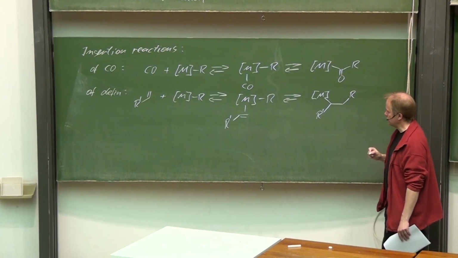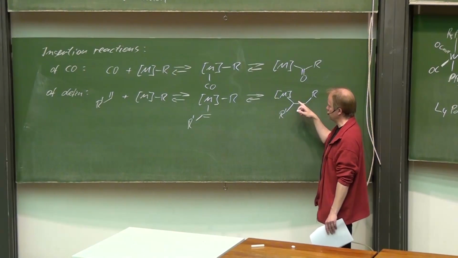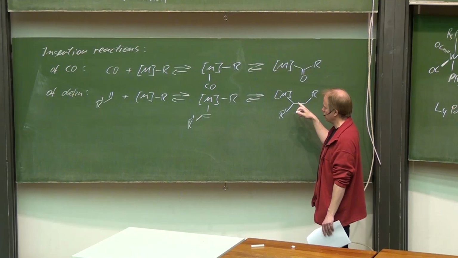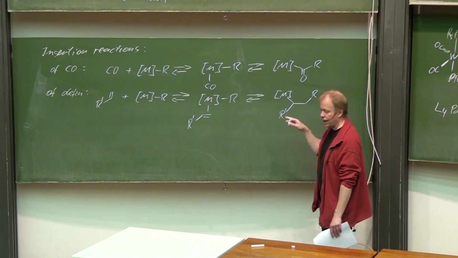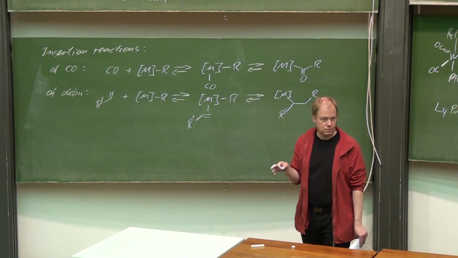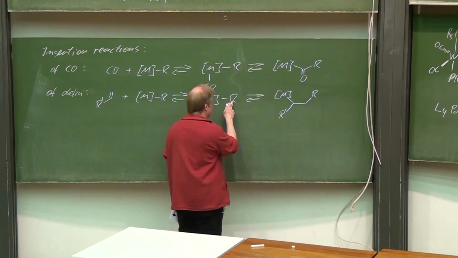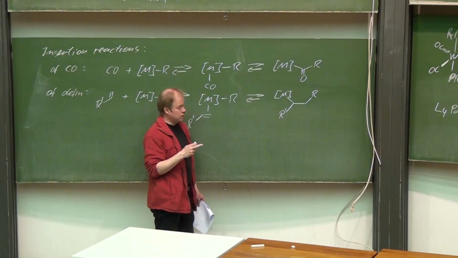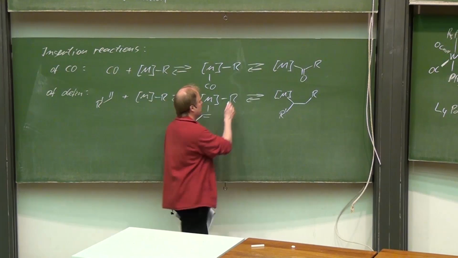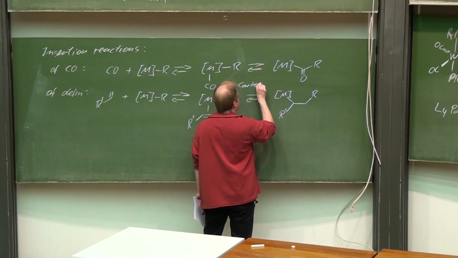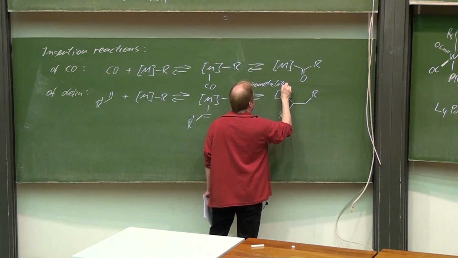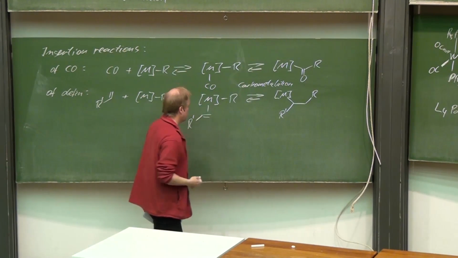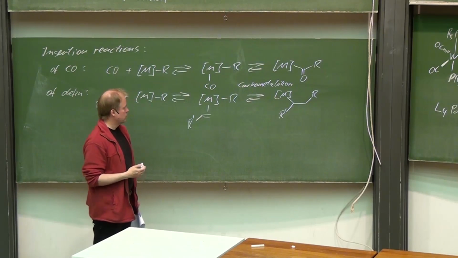so in this case, that insertion reaction we would call a carbometallation if R is indeed a carbon-centered substituent. And this is also a reversible process.